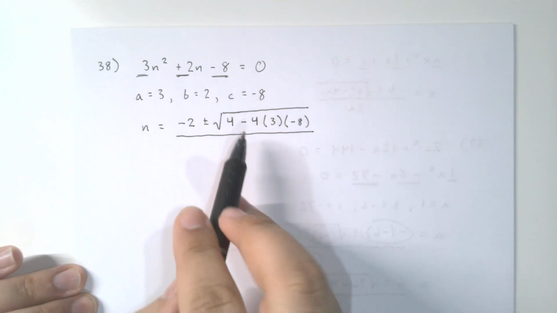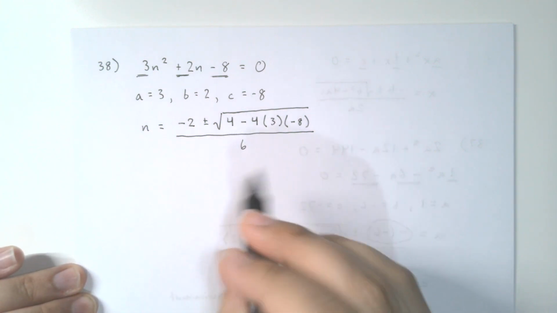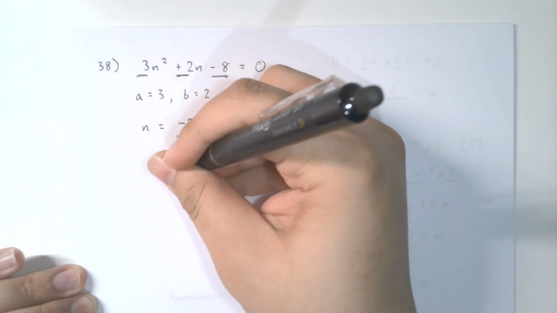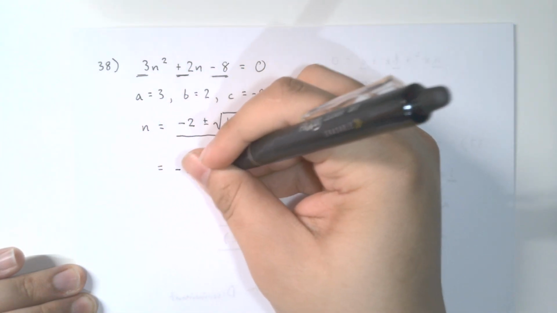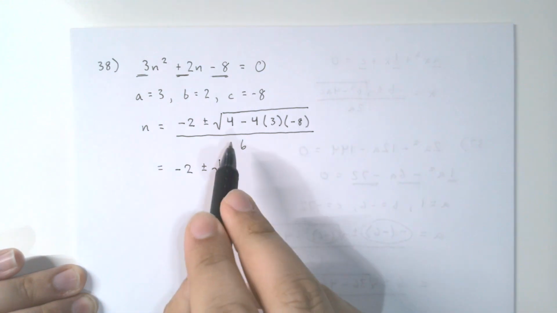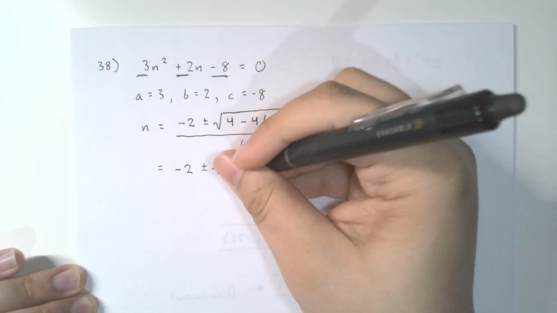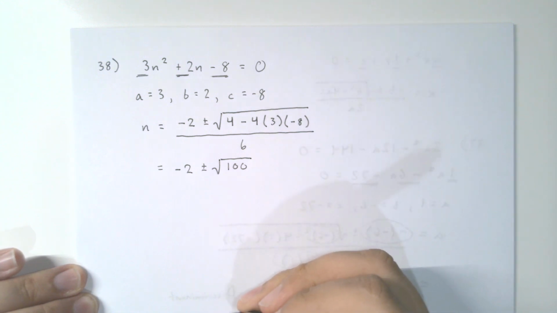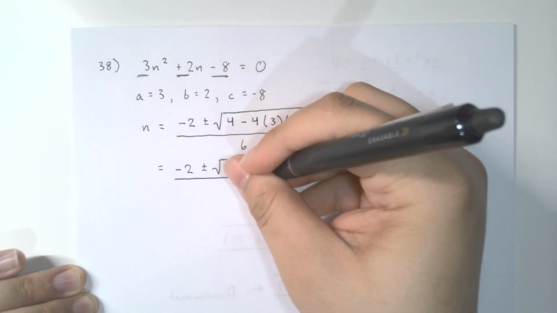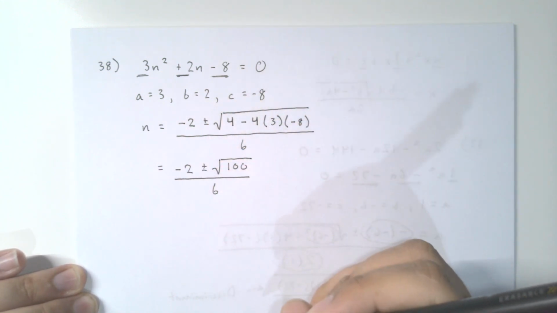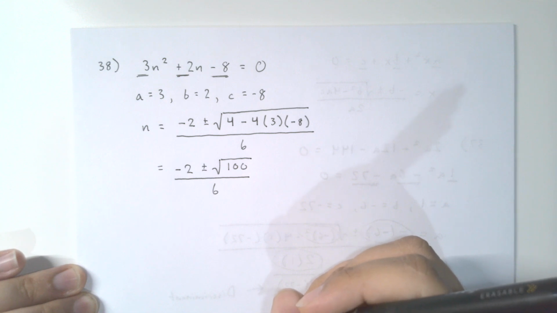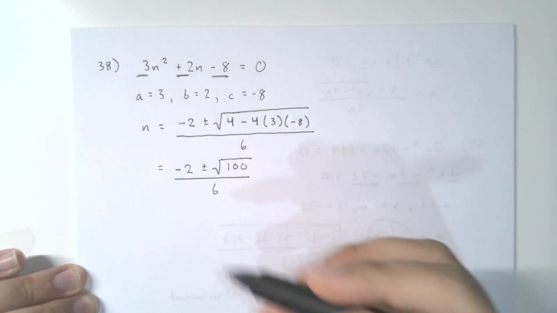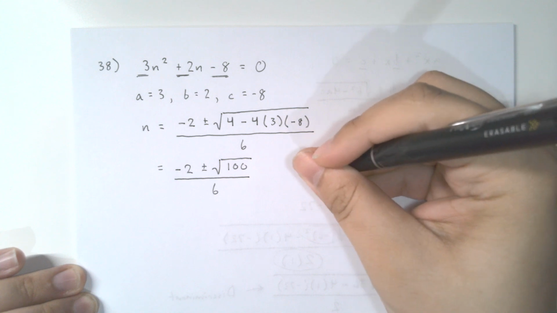So if we put this into our calculator, we'll have our negative 2 plus or minus, and our discriminant is going to come out to 100. So we have the square root of 100 all over 6. Well, what's nice is that the square root of 100 is also a nice number.